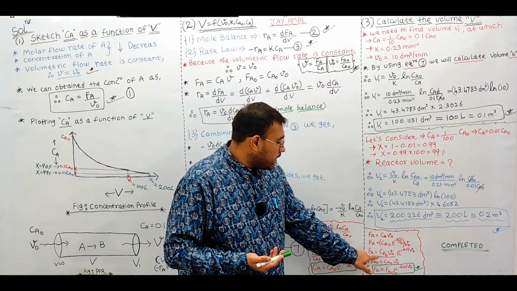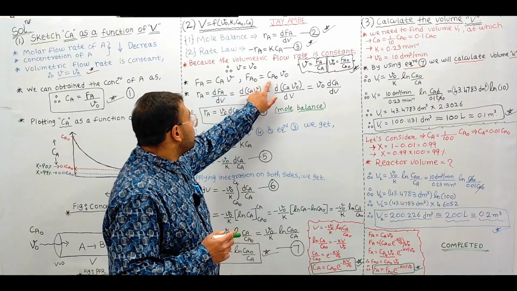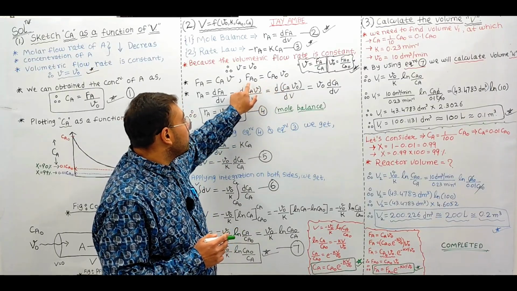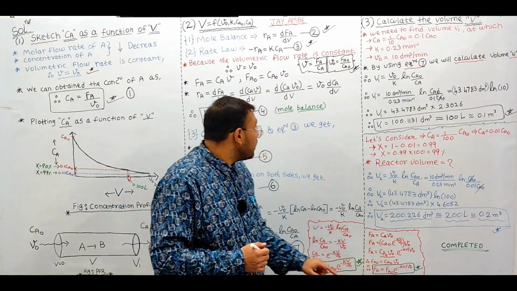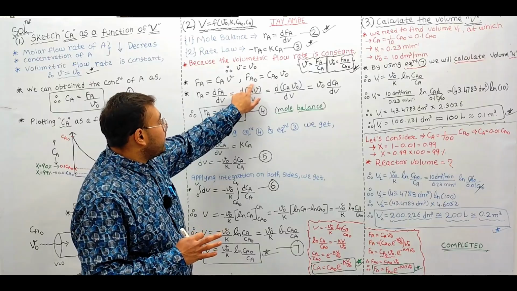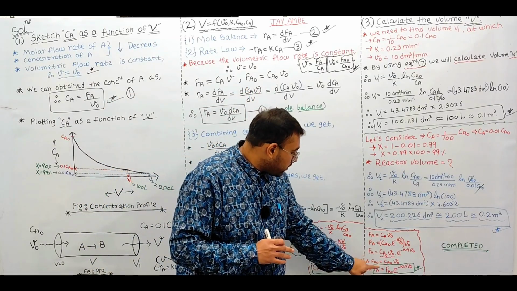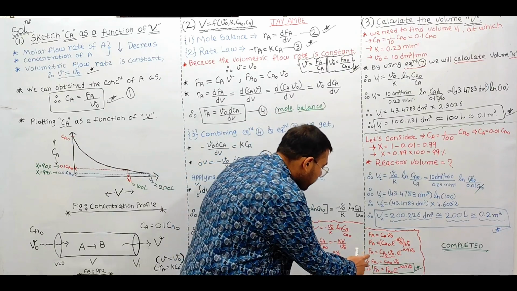So here we can see Ca naught into nu naught represents the initial molar flow rate of reactants, Fa naught, right?